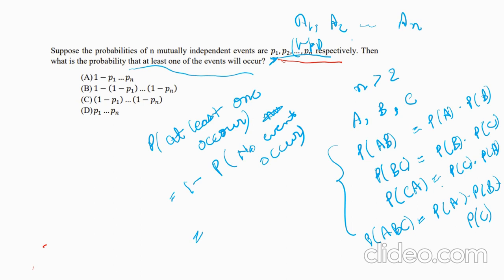For this it will be 1 minus P2, and up to 1 minus Pn. And we can multiply them because these are independent events. So the answer is 1 minus the product of (1 minus P1), (1 minus P2) up to (1 minus Pn).